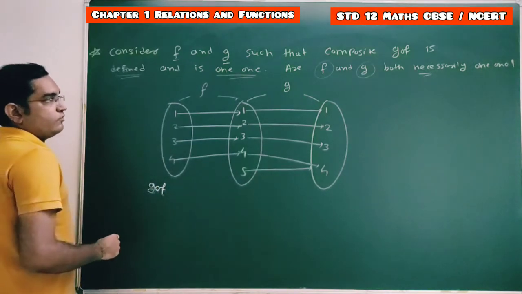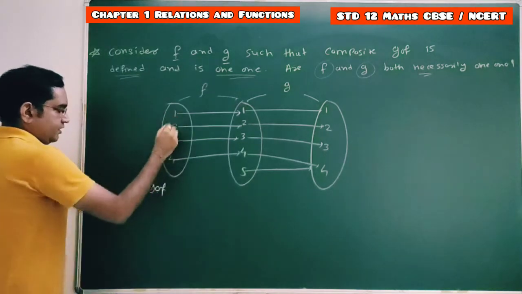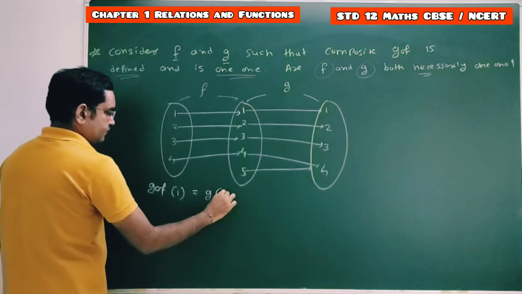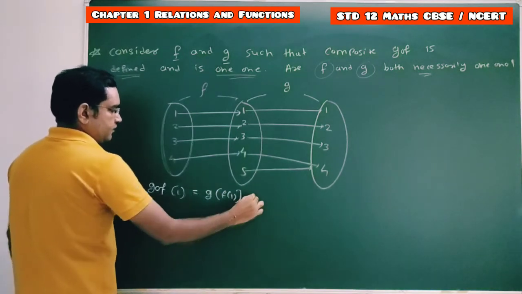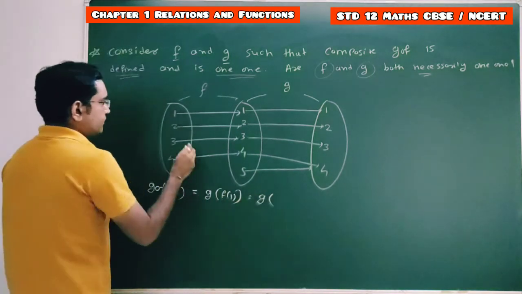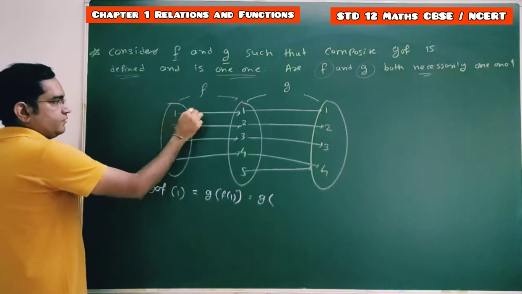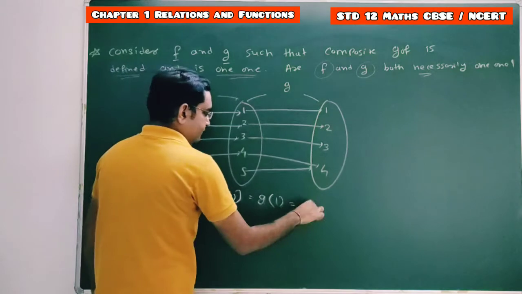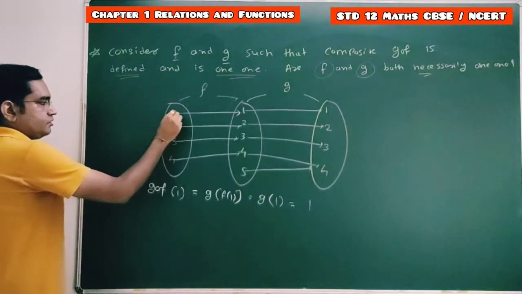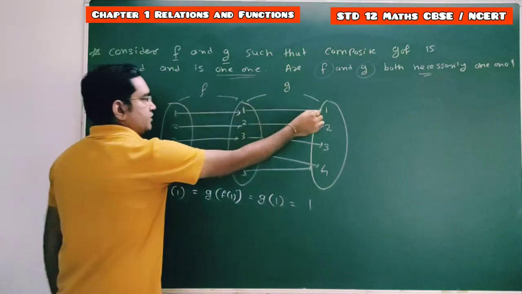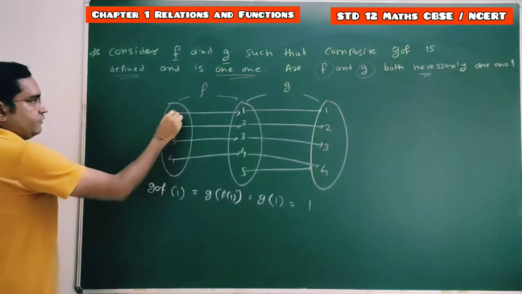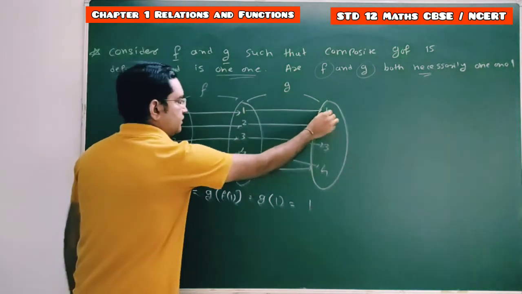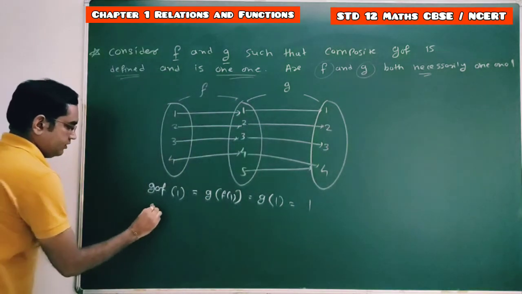So here for the GOF function, the domain element is 1. So GOF of 1 is nothing but g of f of 1. For 1 we are getting 1, so f of 1 is 1, and g of 1 is 1. So element 1 in the domain of this composite function has image 1 in the codomain.